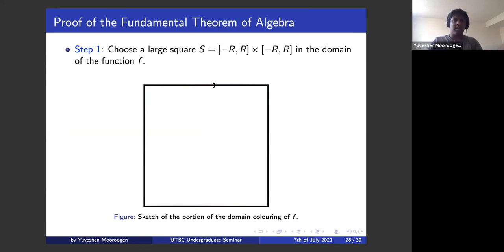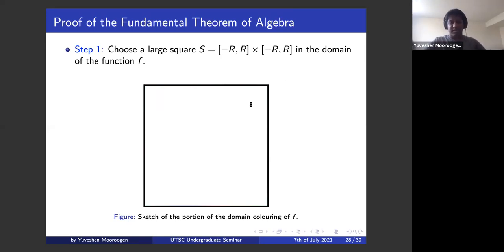My first step is going to be to choose a very, very big square, which I'm calling here minus r, r cross minus r, r, in the domain of f. So I'm choosing this very big square inside the complex plane. It's centered at the origin, and it's important that it's big.